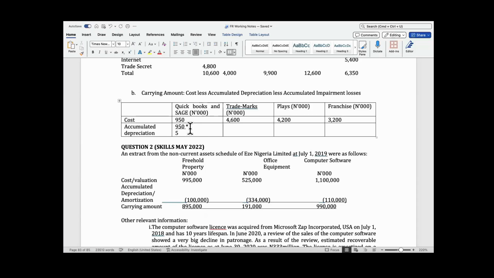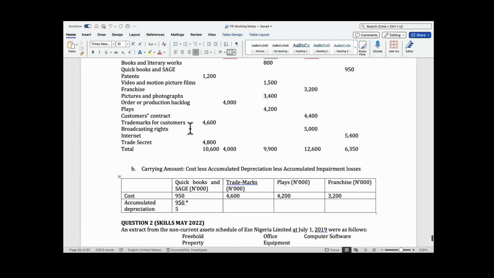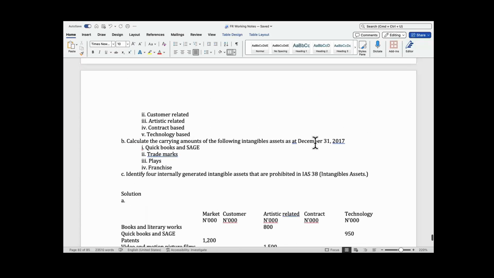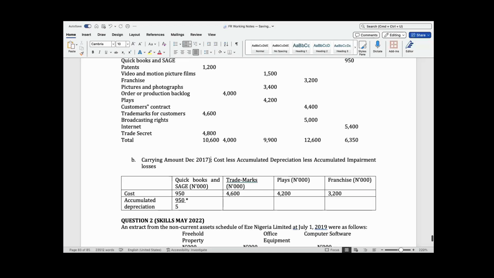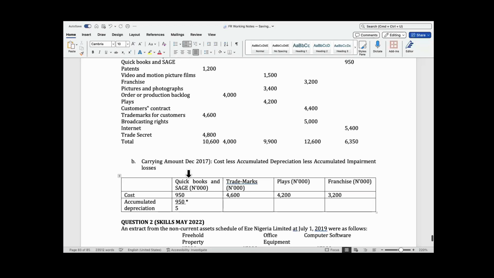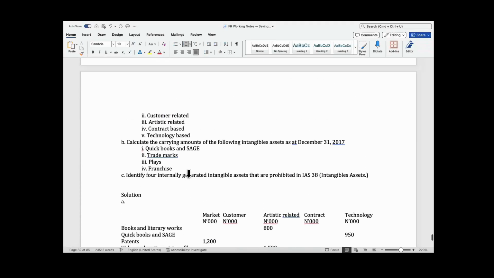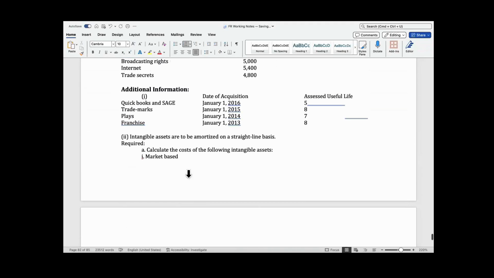190. But since you are getting accumulated, which year are we in? We are in December 2017. So we are trying to get carrying amounts as at December 2017. But when did we buy the asset? When did we buy this QuickBooks?